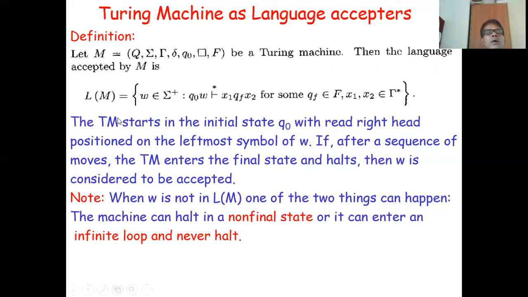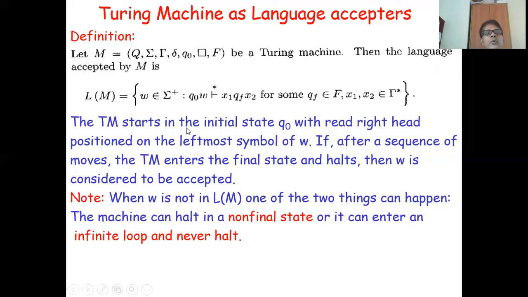Therefore, it will accept all the strings belonging to sigma plus, such that Q0 W, in 0 or more steps, enters the final state QF, where QF is the final state and X1 and X2 are tape strings belonging to tau star.